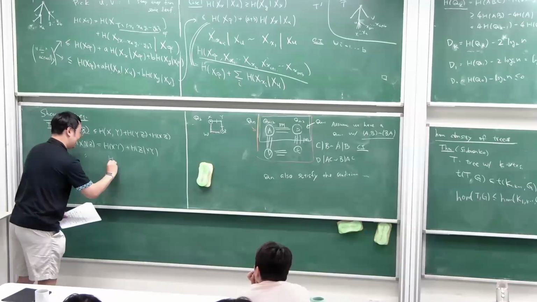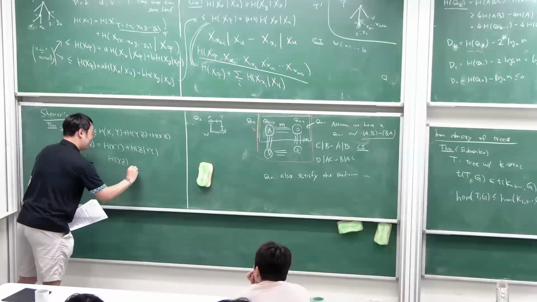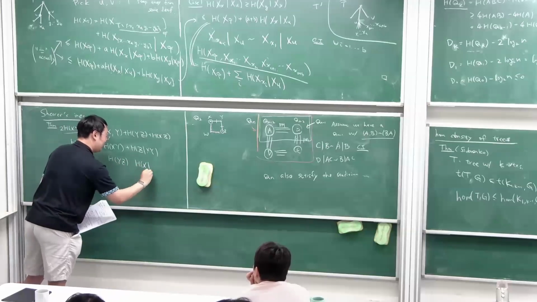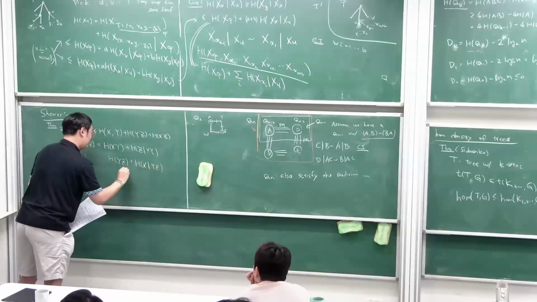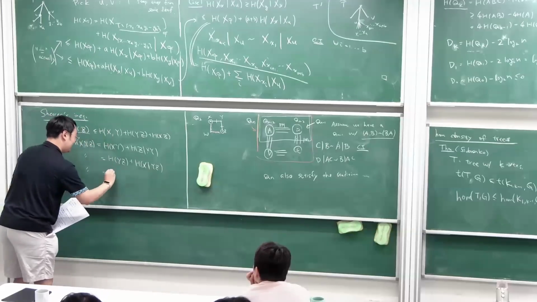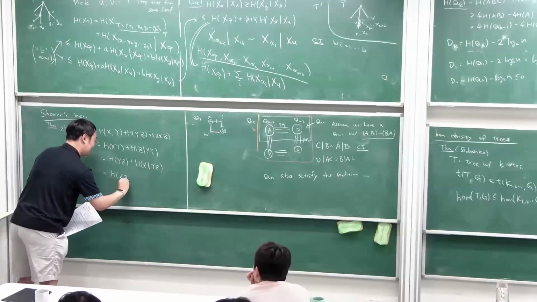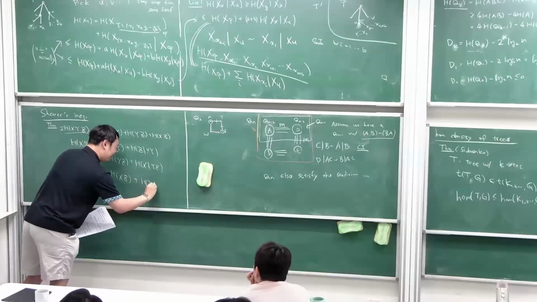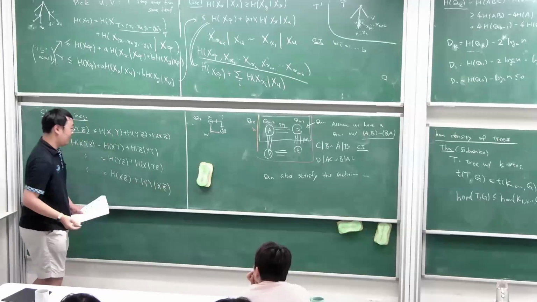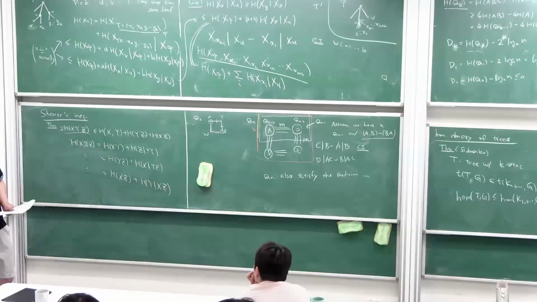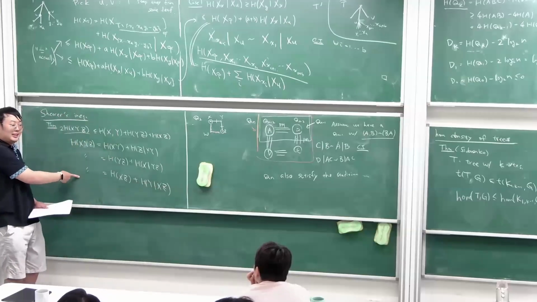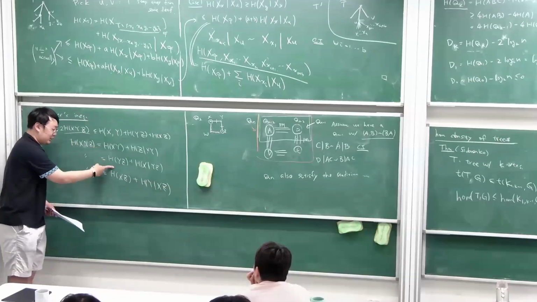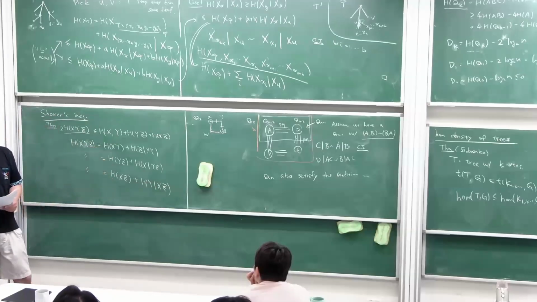So this is H of yz plus H of x given yz. And this is the same as H of xz plus H of y given xz. So I have 3 copies of H of xyz, and I get H of xy, H of yz, and H of xz respectively.